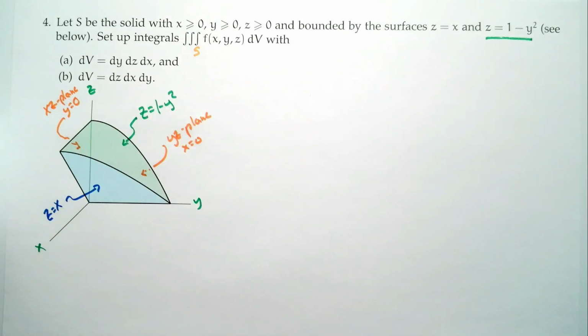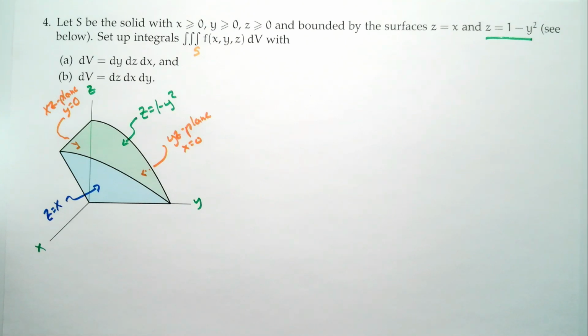So those are our bounding surfaces. Those are the ones we're going to be interacting with as we play with these bounds here. So, where to begin? Well, let's just start with part A. So, dV equals dy, dz, dx.